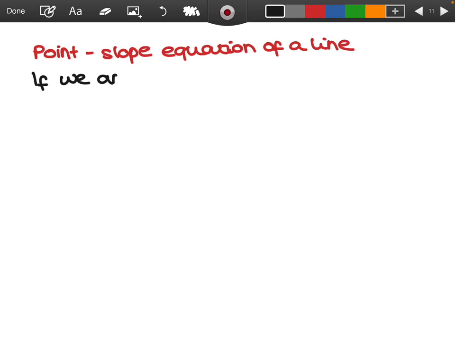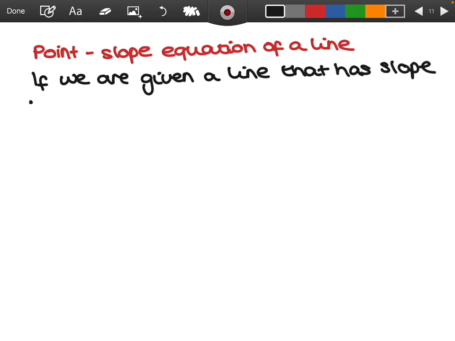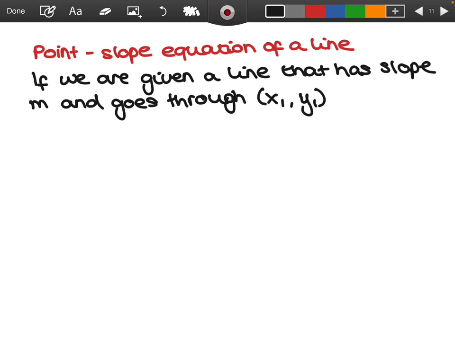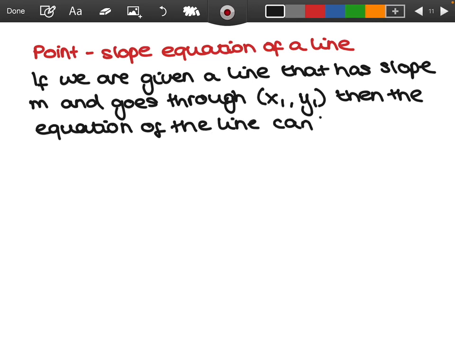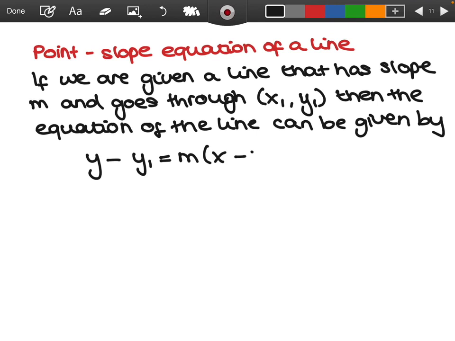So if we are given a line that has slope m and goes through, say, (x sub 1, y sub 1) as our particular point, then the equation of the line can be given by y minus y sub 1 is equal to m times (x minus x sub 1).